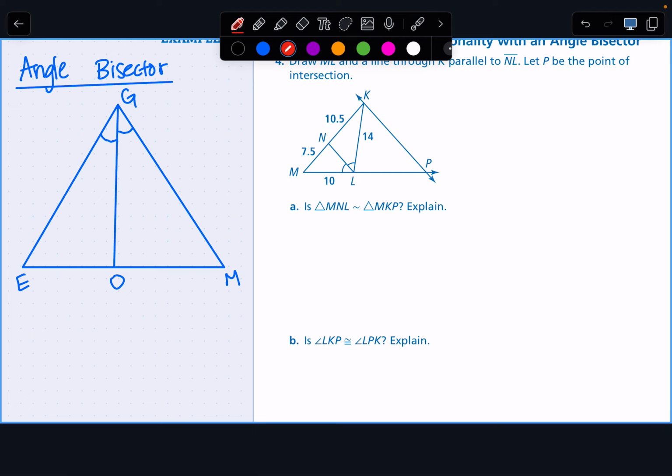If we have an angle bisector, then our triangle gets split into proportional parts.